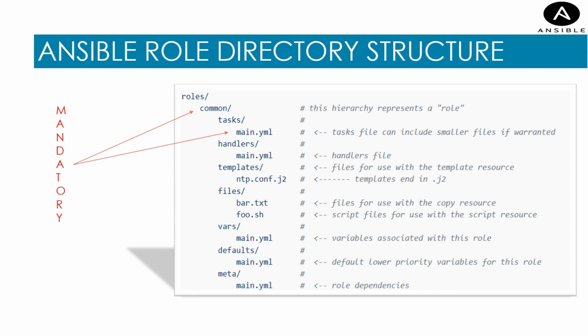Similarly, we can declare variables associated with these roles under vars, and defaults are lower priority variables for this role, and then meta is for role dependency. So once we create a role, these are the folder structures and files needed. Then you have to include them in that folder structure and directory. Let's move forward, and just make sure that under roles, tasks and main.yml is mandatory.